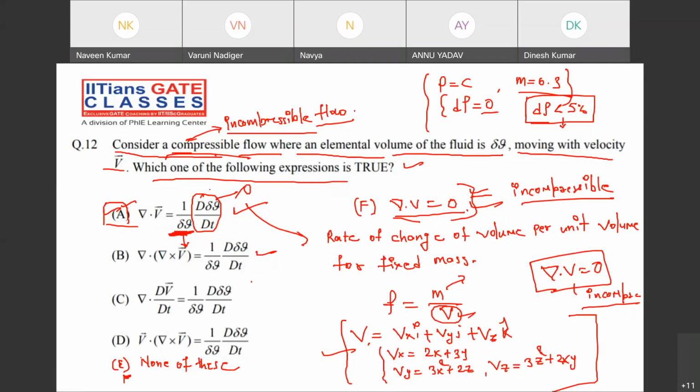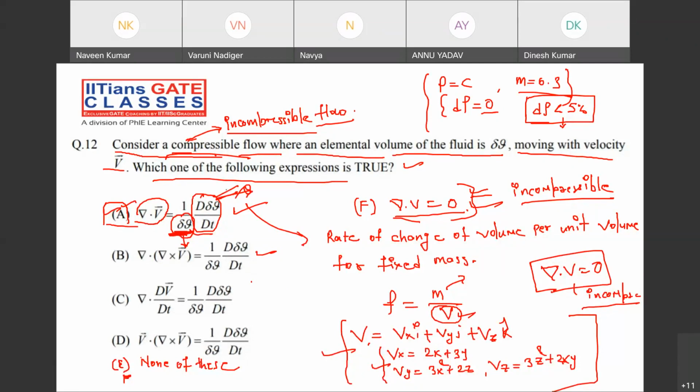The velocity field will be given to you. First of all, find the divergence, then multiply with the given volume, and you will find the rate of change of volume.